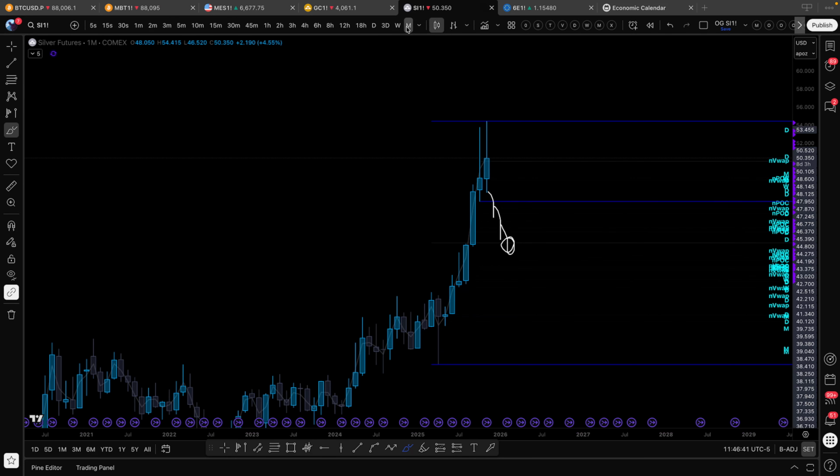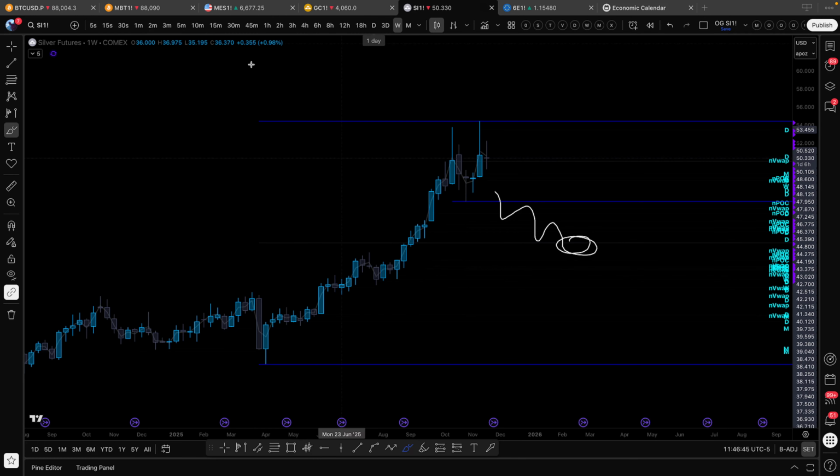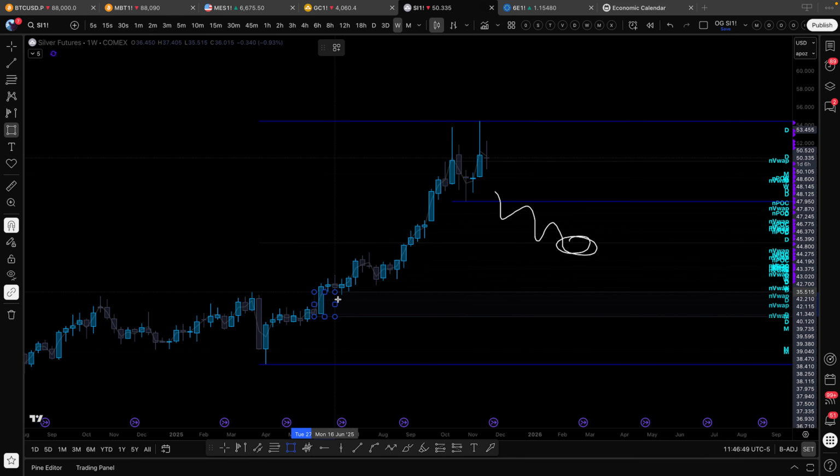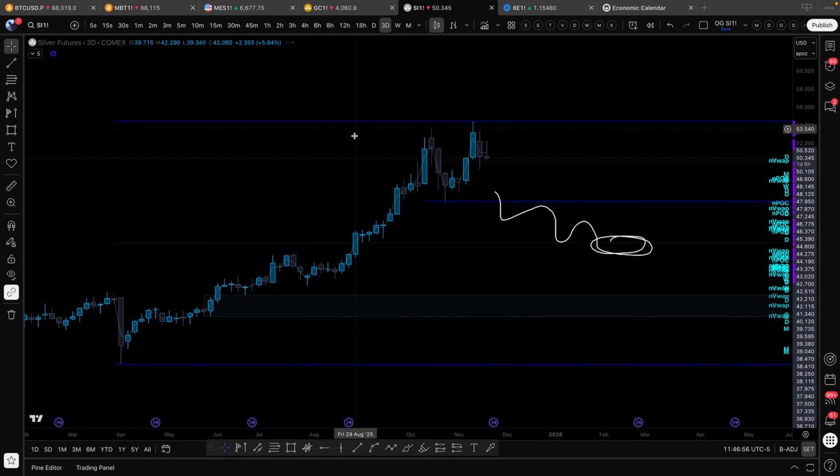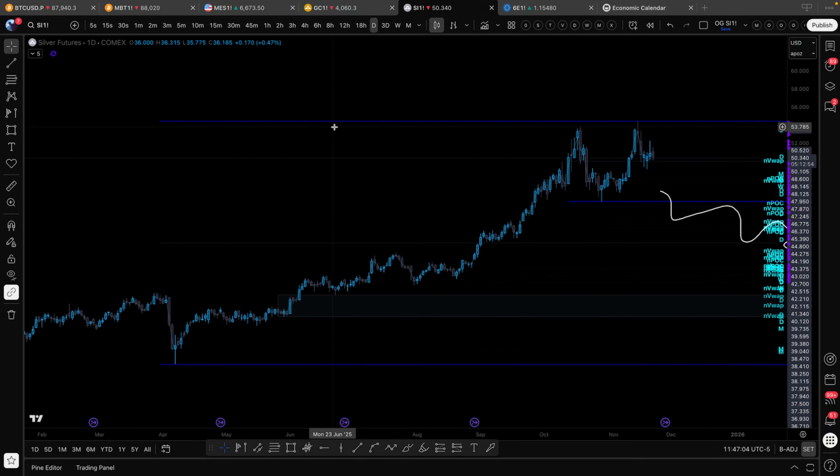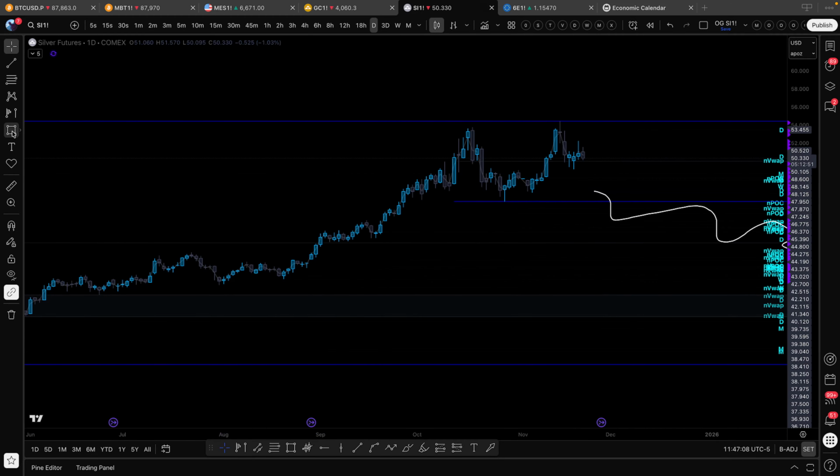Let's take a look at the monthly. We don't have any areas of interest on the monthly. We do have this very, very nice area down here on the weekly. Let's take a look at the 3-day as well as the daily. I do like this gap area here.